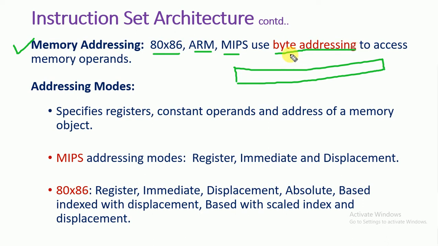What is this byte addressing? A byte is a combination of 8 bits. Assume that we have 2 bytes available. This is the first byte and this is the second byte. The first byte will have 8 bits available, and the second byte also consists of 8 bits.